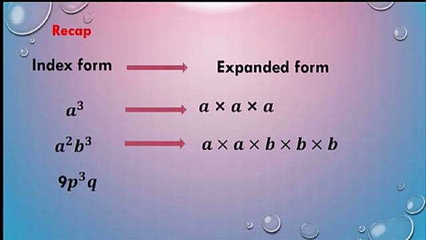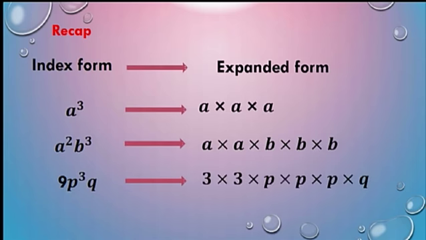Suppose now we have 9 p power 3 q. We have an integer value together with an algebraic term. So first we write the integer value as a product of its prime factors, then we write the algebraic terms in expanded form. So we have 3 times 3 times p times p times p, then times q.